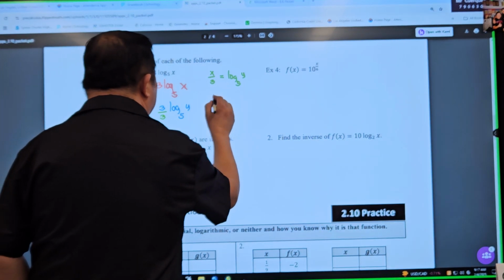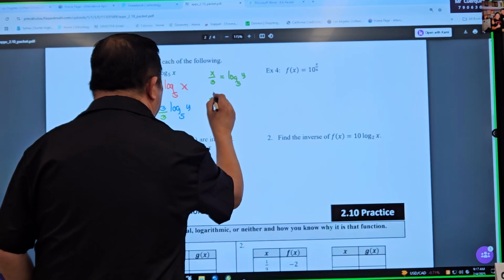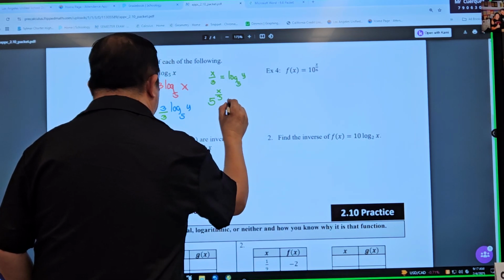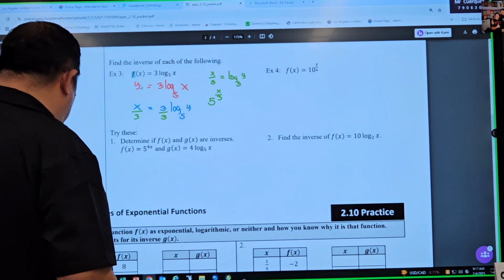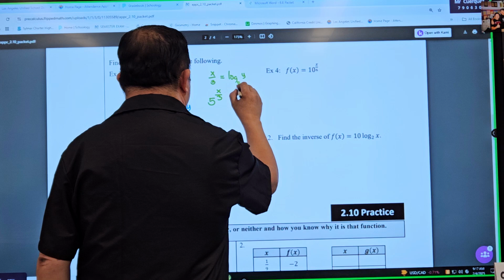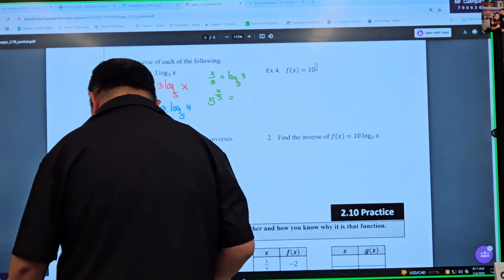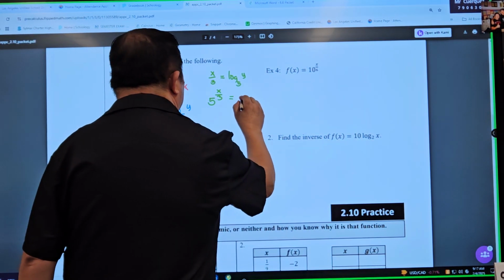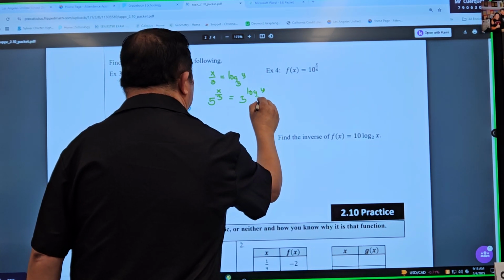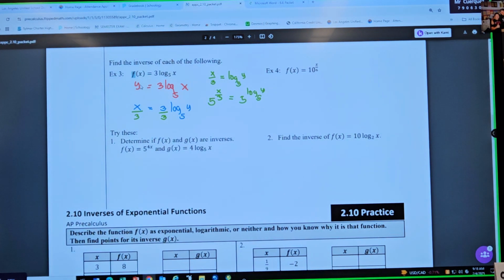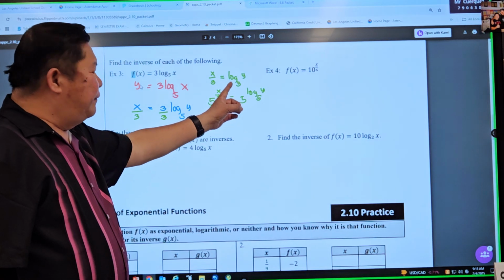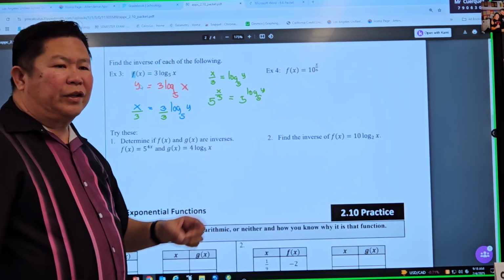Since 5 is the base, you have 5 to the power of x over 3 is equal to 5 to the power of log of y to the base 5. Okay, so but what is log of y base 5?